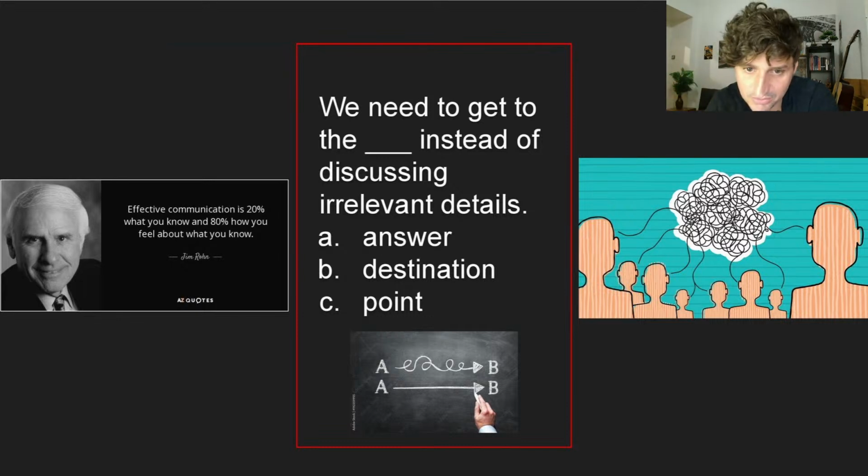But as Jim Rohn says, effective communication is 20% what you know and 80% how you feel about what you know. See, that's communication. It's an art, right? But sometimes you do need to get to the point.